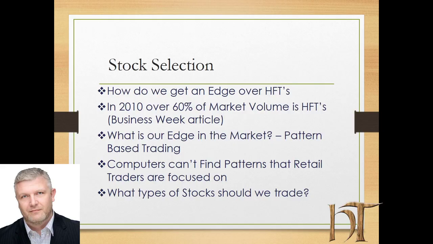There could be patterns on stocks that have no volume, but they're not worth trading because they're not going to have good follow through. So not only do we want to find patterns, we want to find patterns on stocks that are going to have good follow through. What's the point of taking a flat top breakout if there's no follow through? In order to reduce our risk of losing and increase the probability that we'll be in winning trades, we have to focus on only trading stocks with high relative volume.